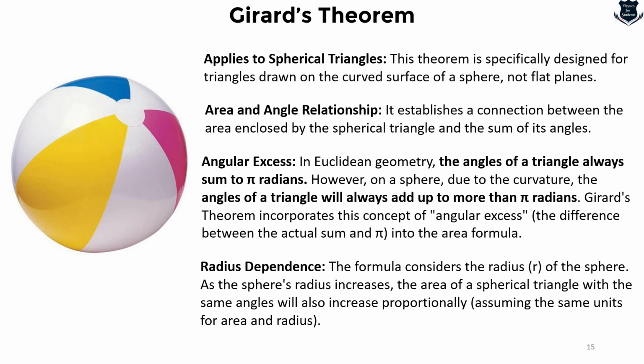Finally, the formula considers the sphere's radius: as the radius increases, the area of the spherical triangle with the same angles also increases proportionally. So this is Girard's theorem, which is a very important part of differential geometry.